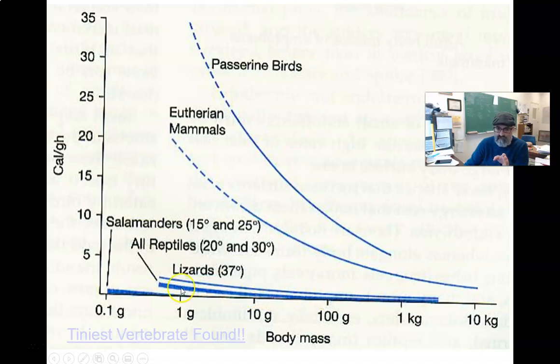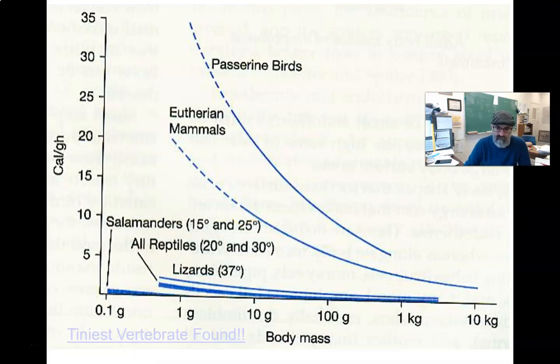So the implications of getting smaller are a lot less for these ectotherms than they are for endotherms. And just as a general rule of thumb, we look here at a given body size, 10 grams, right? Ectotherms burn so much less in terms of their food energy.